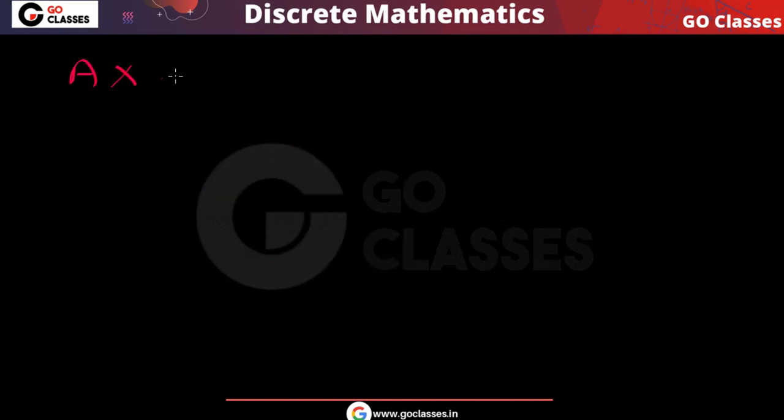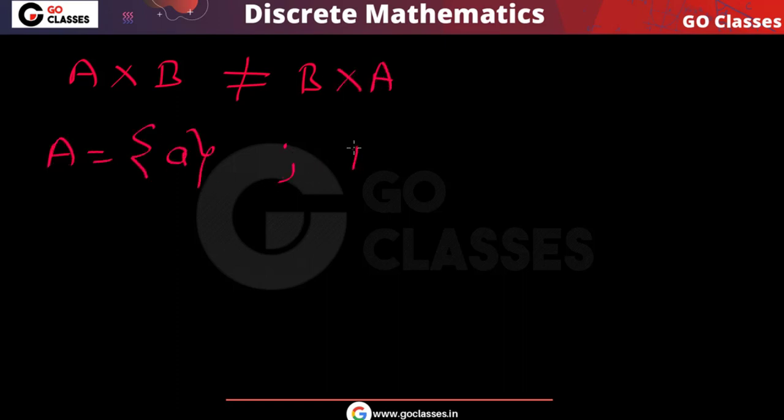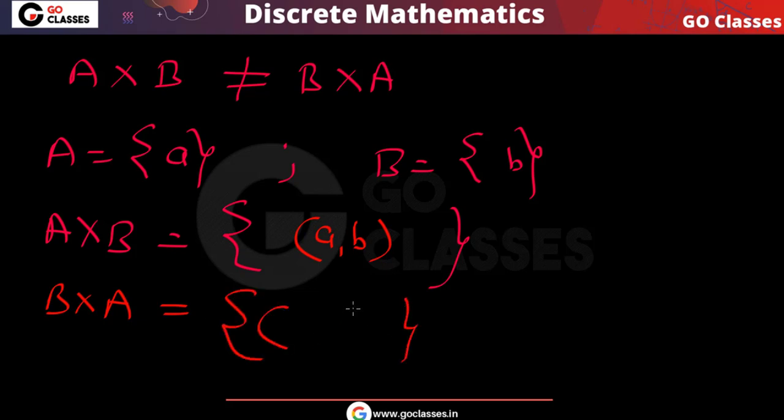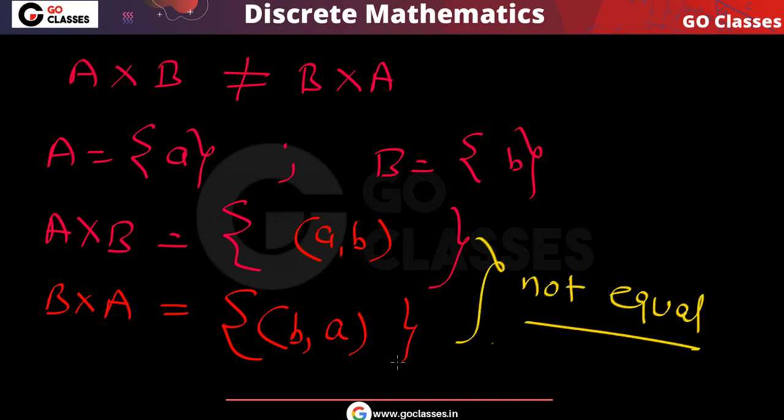You can clearly see A cross B is not the same as B cross A. For example, let's assume you have a set A and a set B. In A cross B, we will have ordered pairs where the first element comes from A and the second element comes from B. In B cross A, the first element will come from B and the second element will come from A. So you can notice these are not equal. So I can say cross product is also not commutative.